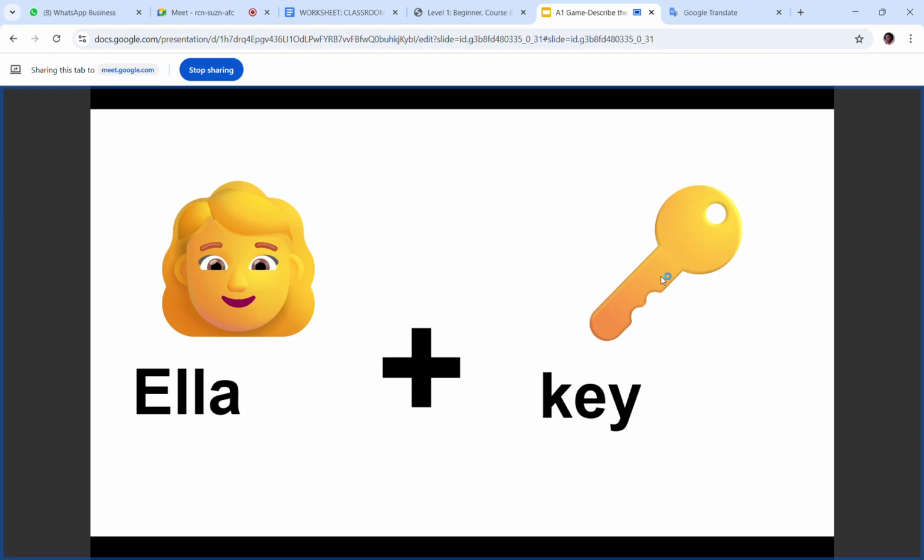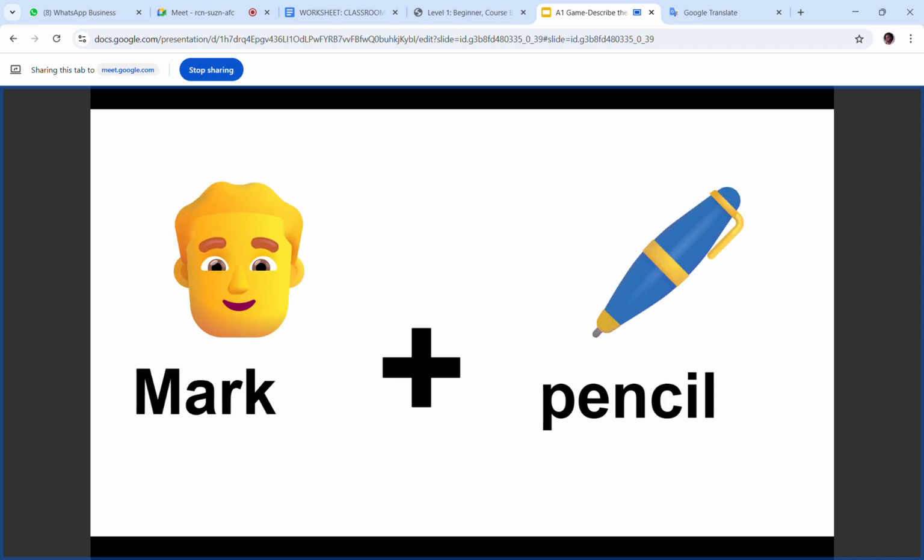And the key is hers, right, Seba? Because Ella is one girl. But we will soon practice more than one, 2 or more, okay? We will practice that in 1 second. Let's quickly practice this one.